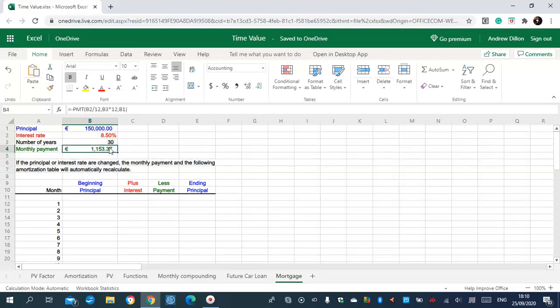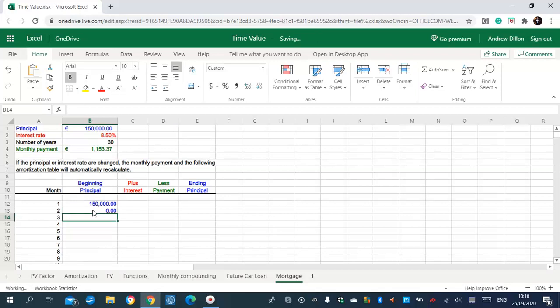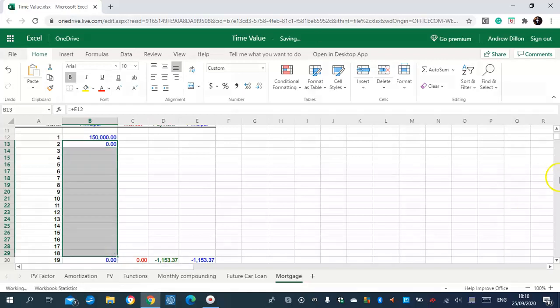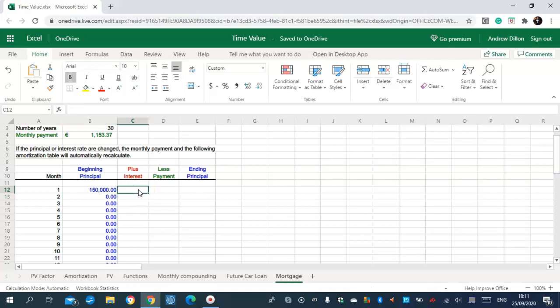The answer is €1,153.37. Okay, beginning principal. Plus interest is the next one.